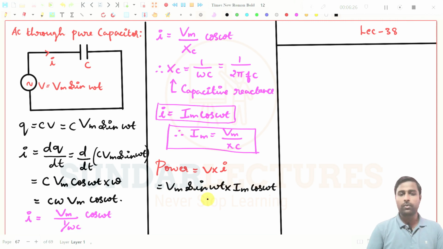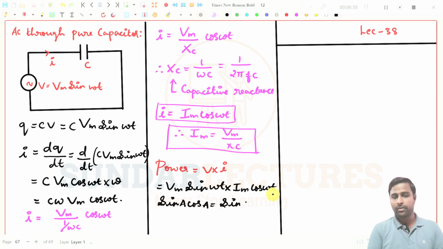So what is this one? Sin A cos A. We have already seen this: sin A cos A can be written as sine of 2A divided by 2.